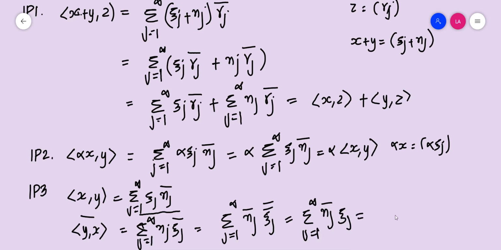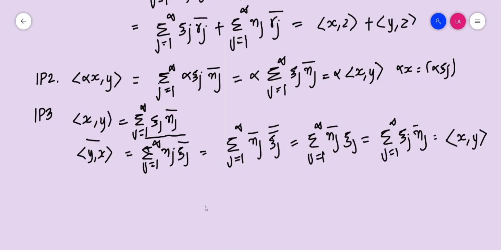A conjugate, the whole conjugate is A itself. So summation j is equal to 1 to infinity theta j times eta j conjugate, which is actually inner product xy. So inner product yx conjugate should be equal to inner product xy. So the third property also is being satisfied.